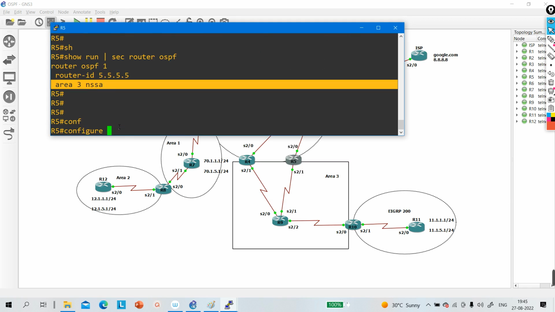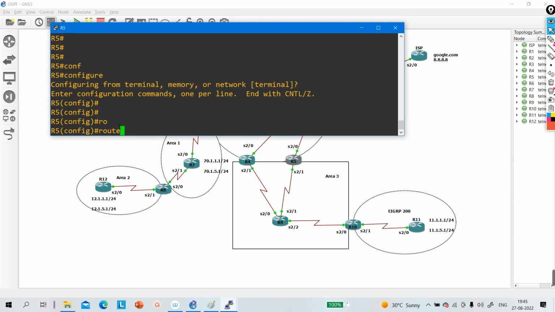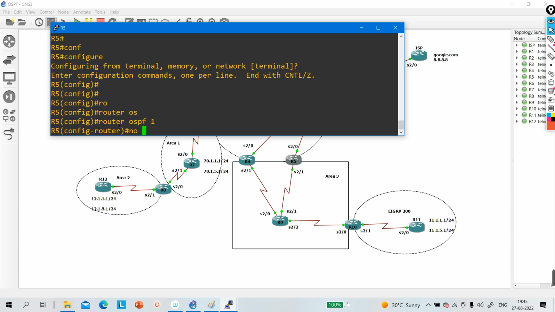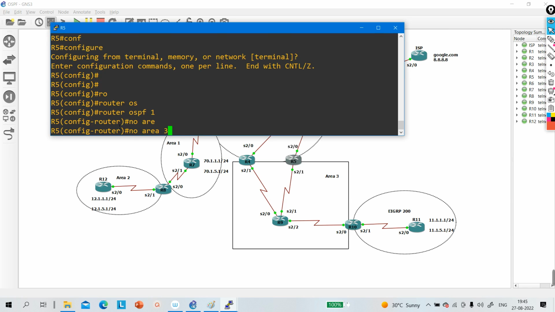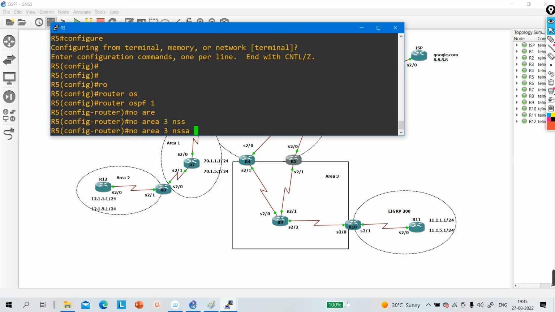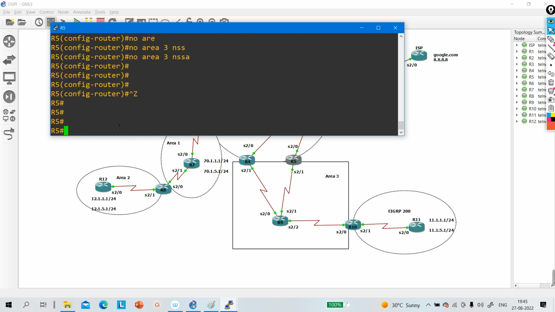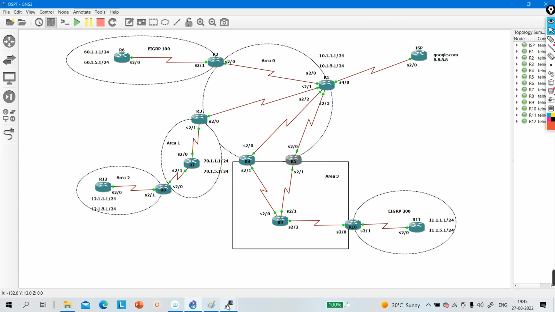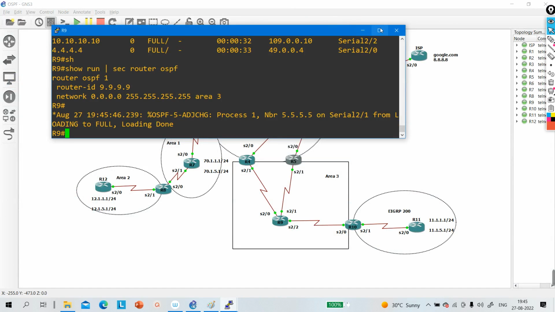Let me remove this command: router ospf process ID 1, and say no area 3 nssa. Fine. Okay, now you can see the neighborship is up, state is full. Now let me show you the database of router 9.